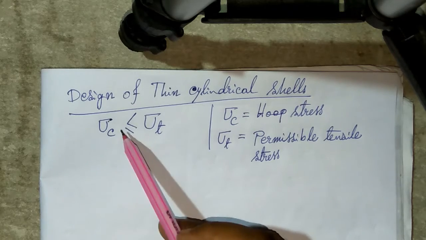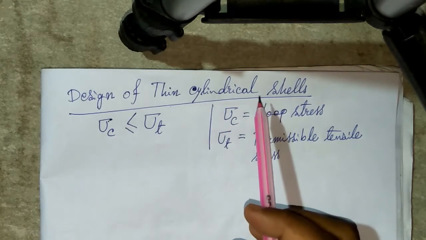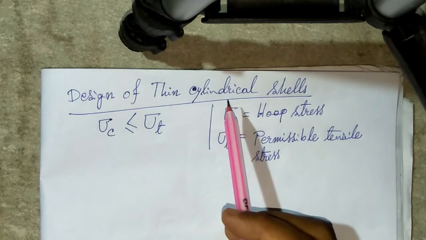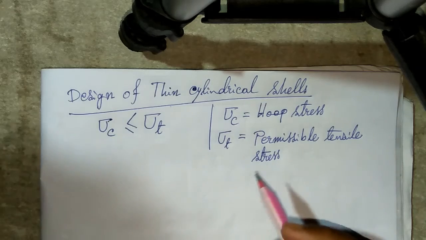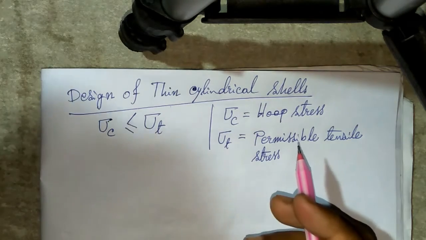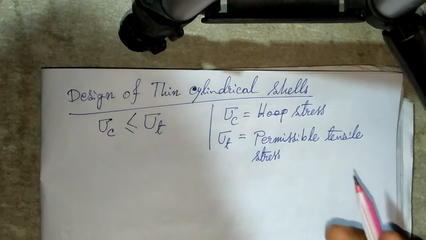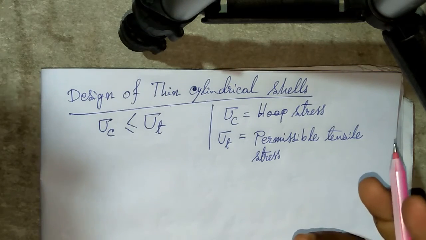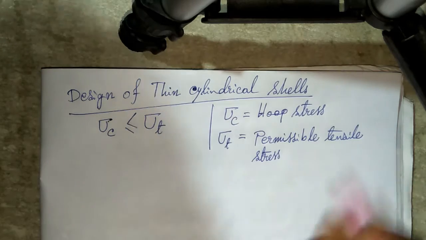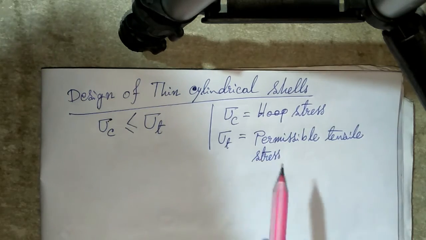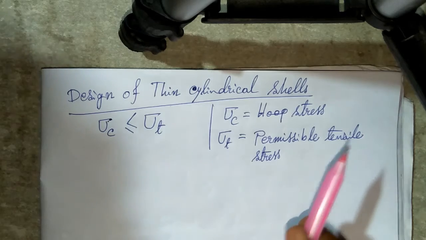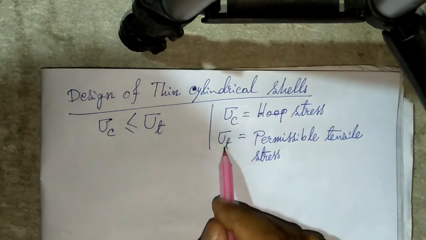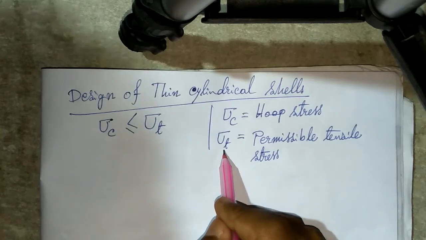Now the design of thin cylindrical shells. If it is required to determine the wall thickness of a thin cylindrical shell so that it can withstand a given internal pressure P, then we have to ensure the maximum stress developed in the shell does not exceed the permissible tensile stress, that is sigma T, of the shell material.